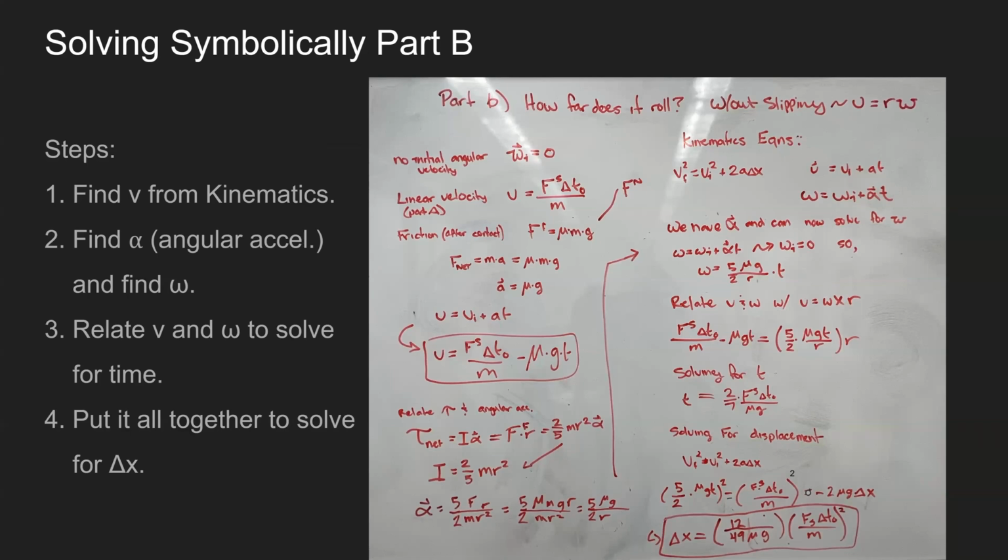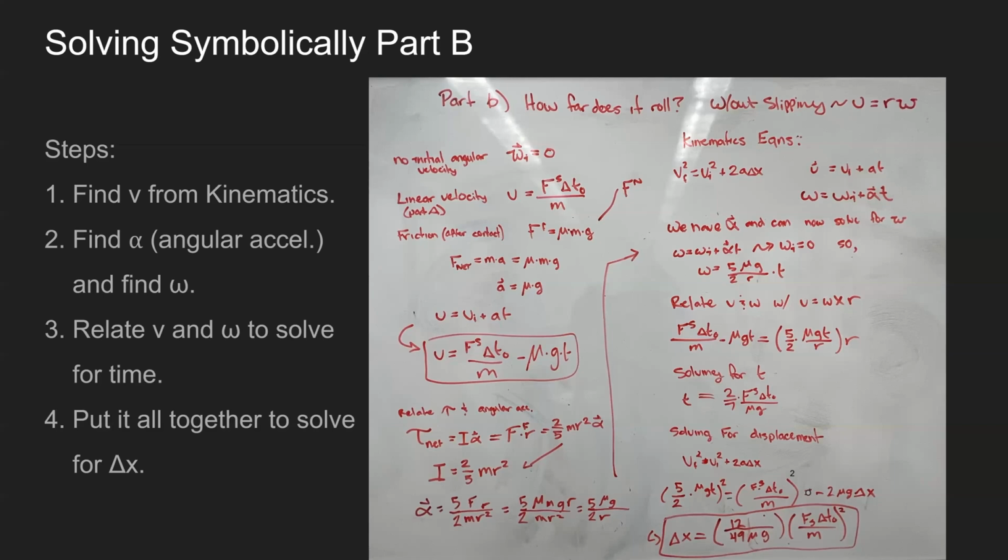In step 3, we will relate velocity and omega, the angular velocity. And so now that we have this velocity and angular acceleration, we can finally solve for time. To do so, we will relate velocity and angular velocity through the equation v equals omega cross r, a cross product. This is essentially v equals the magnitude of omega times the magnitude of r times sine of theta.